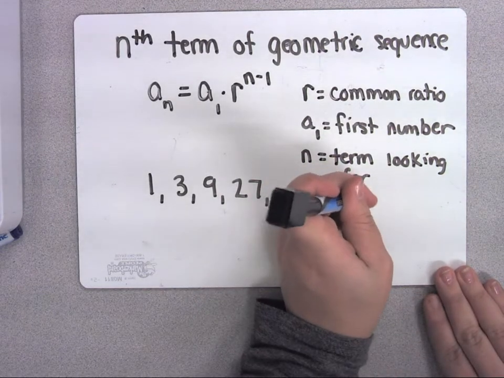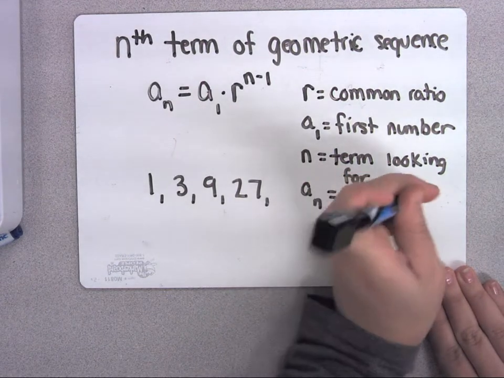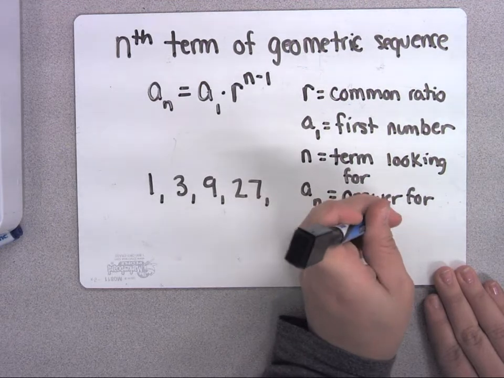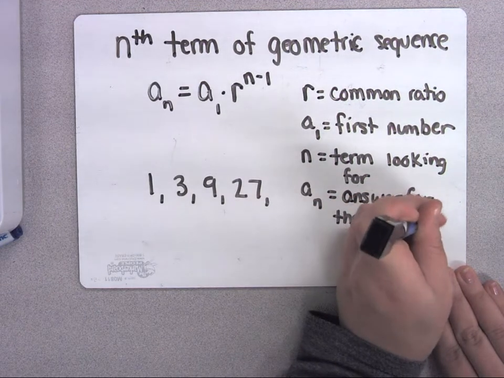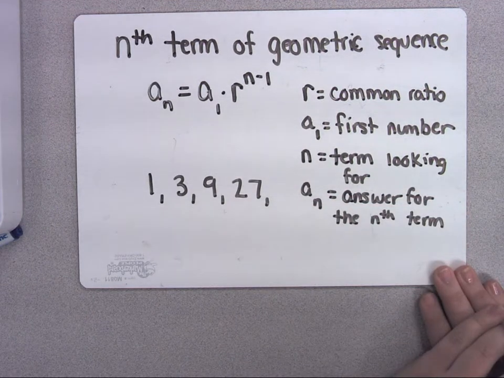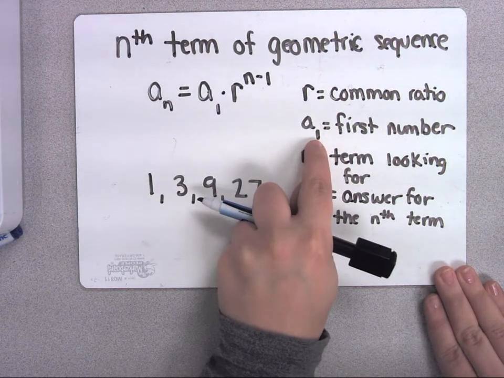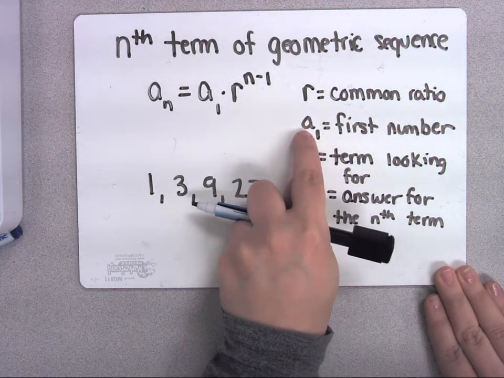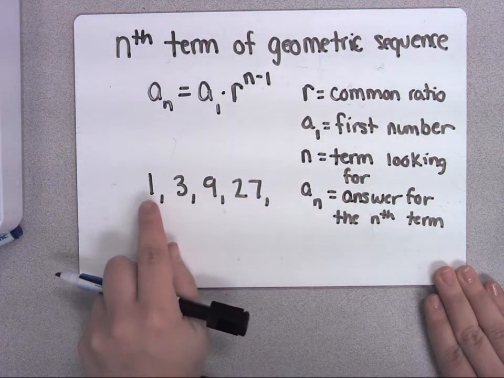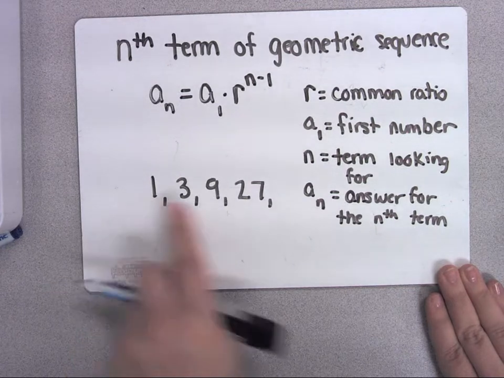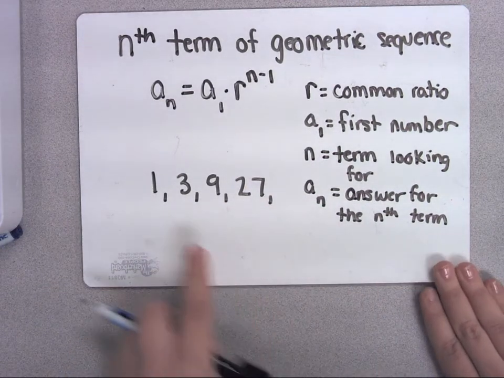It's the answer for the nth term. Because the 1 right there in A sub 1 means the number, the term. A means answer. So A sub 1 here is 1. So A sub N would be whatever the actual answer is.